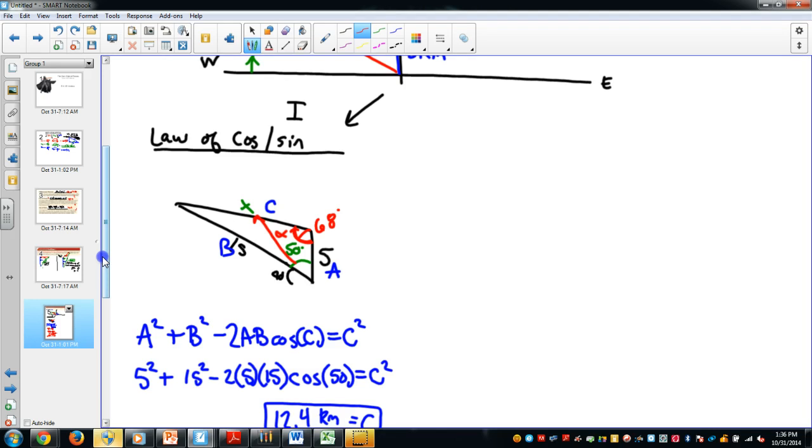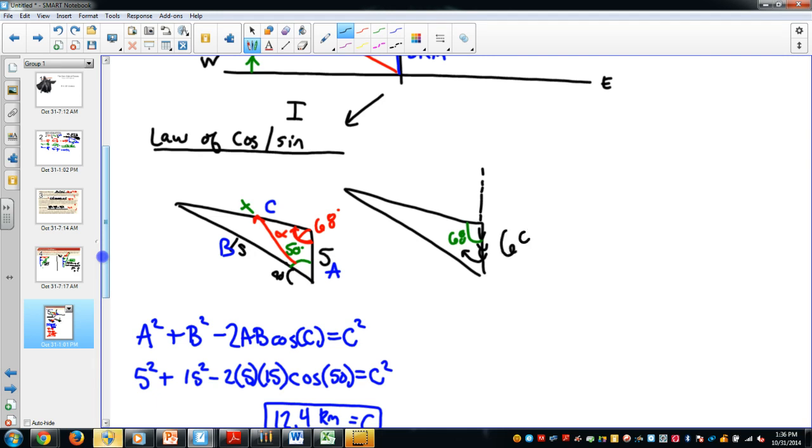So let me just redraw this little triangle here. If this is 68 degrees, that's 68 degrees west of south, because here's south, and I got to turn west of it.